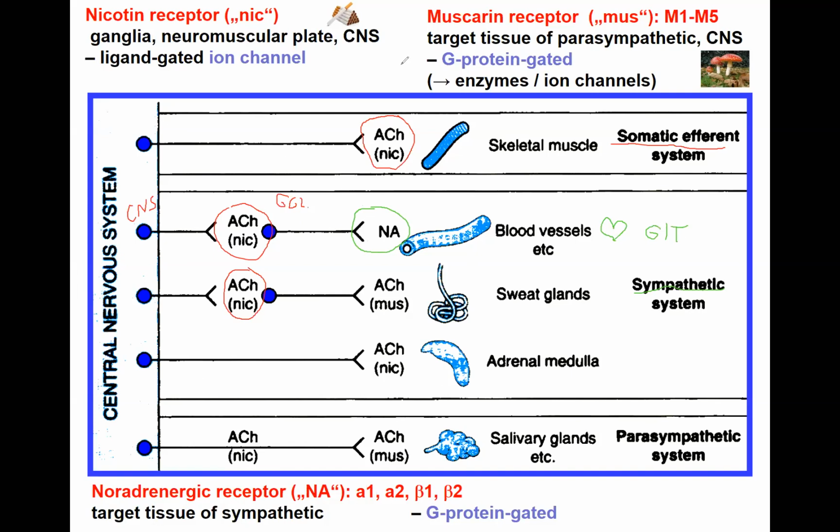Of course, there's an exception, and we don't know why. The exception is in sweat glands, where the receptor is not for adrenaline but for acetylcholine. But the receptor is different. It is not a nicotine receptor, it is a muscarine receptor. Muscarine is one of the poisons which you can find in a mushroom, and I don't know the proper English name for it.